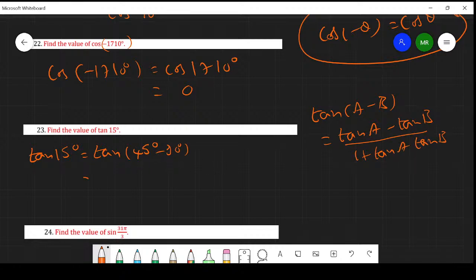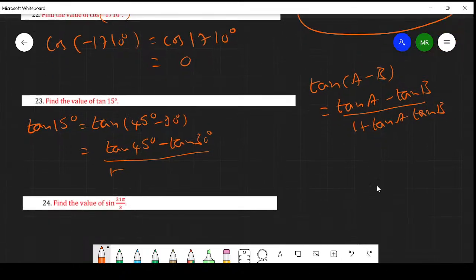So you expand this: tan 45 degrees minus tan 30 degrees by 1 plus tan 45 degrees into tan 30 degrees. Tan 45 is 1. Tan 30 is 1 by root 3. The denominator is 1 plus 1 into 1 by root 3.